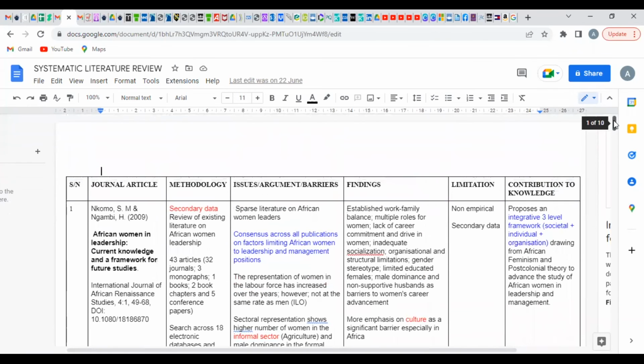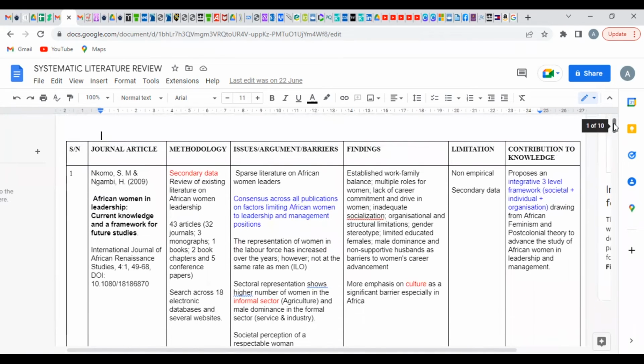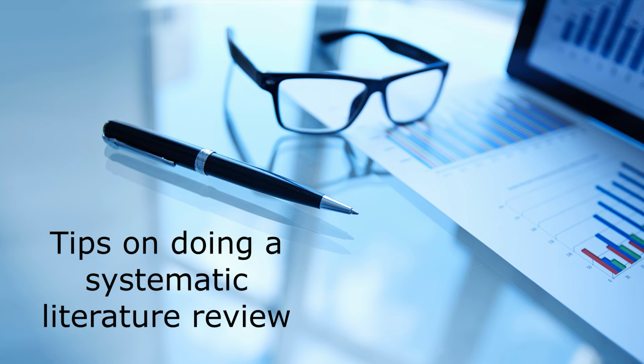So that's just it. What your supervisor wants you to do is just to understand this process and present something to him. So if I were to advise you, I would advise you to get even just five good articles, and use this information I have given you to extract data from those articles.